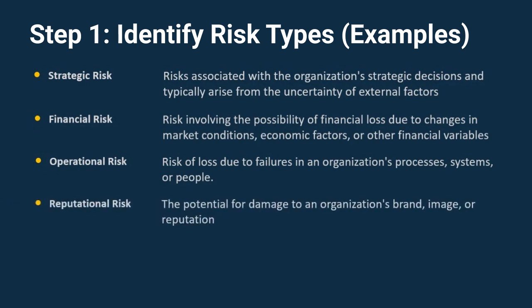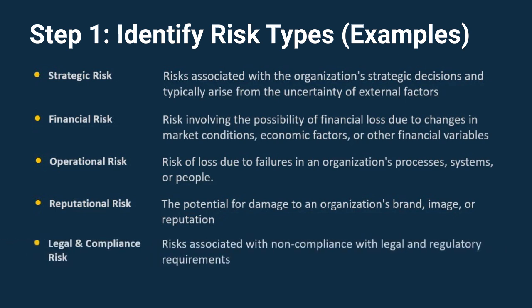Reputational risk is the potential for damage to an organization's brand, image, or reputation. This can happen because of negative publicity, customer complaints, social media backlash, scandals. Legal and compliance risk. These are the risks associated with non-compliance with legal and regulatory requirements.